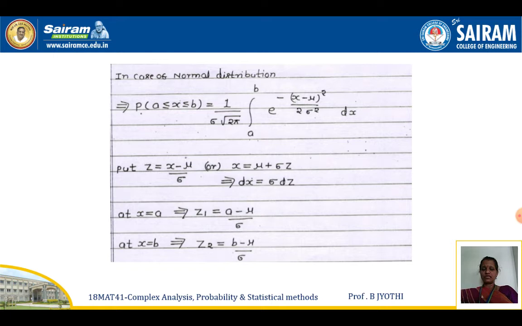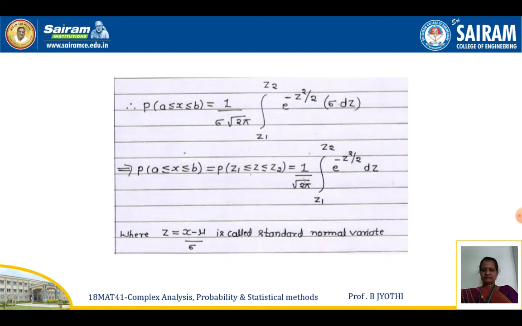When x is b, we get z2 equals (b minus mu) by sigma. So P of a to b, where x varies from a to b, is given by the integral from z1 to z2 of e power minus z square by 2 dz. That is P of a to b is given by P of z varying between z1 and z2.